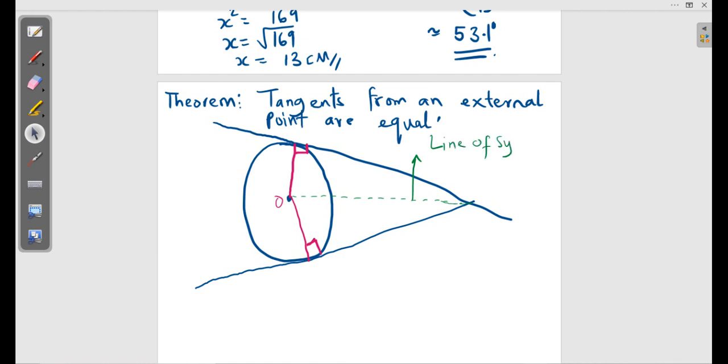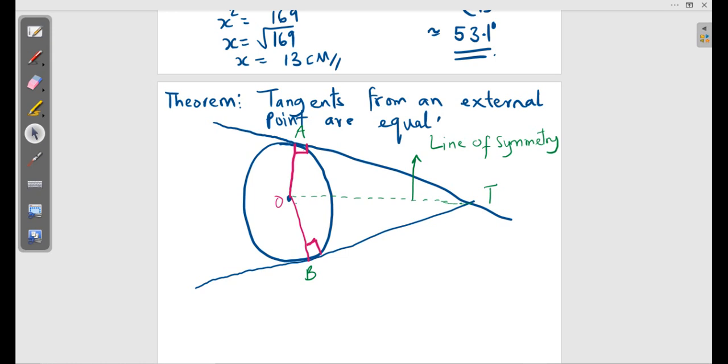And what is a line of symmetry? A line of symmetry is a line that divides a shape into two equal parts. So now if I label here as A, I label here as B, and I label here as T, whatever happens to triangle OAT happens to triangle OBT. And you can see clearly this is already 90, this is 90.